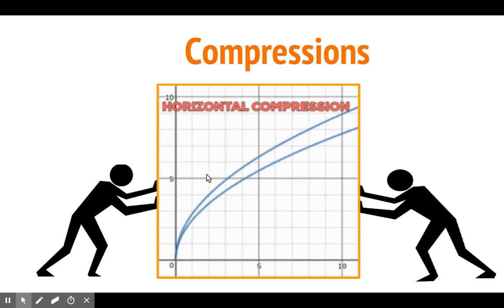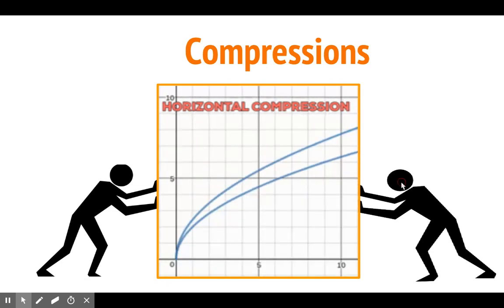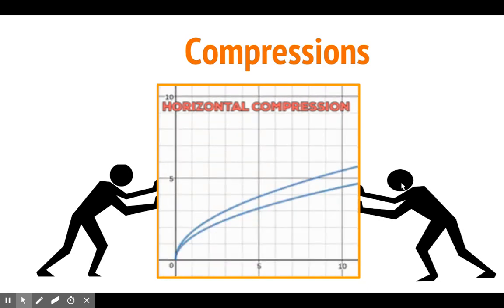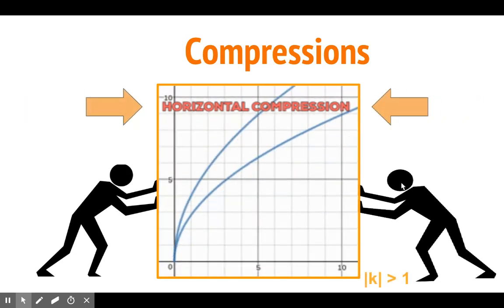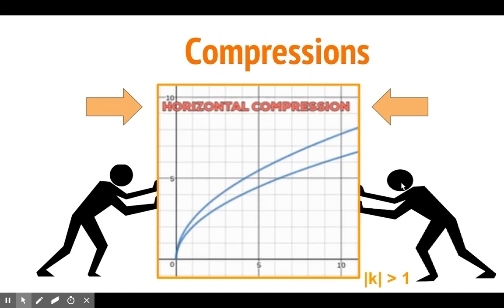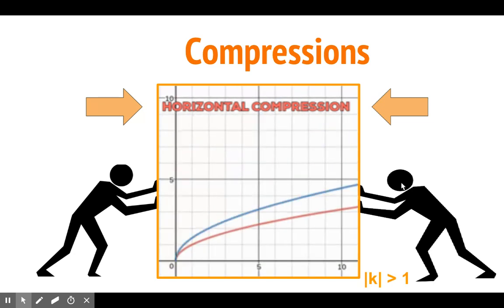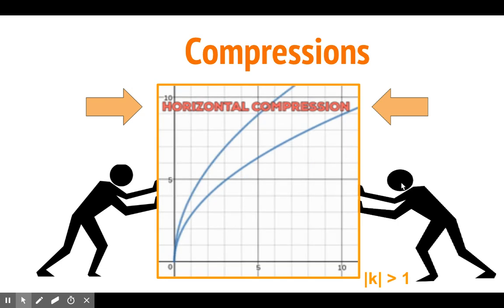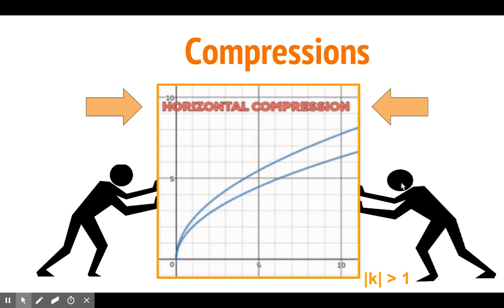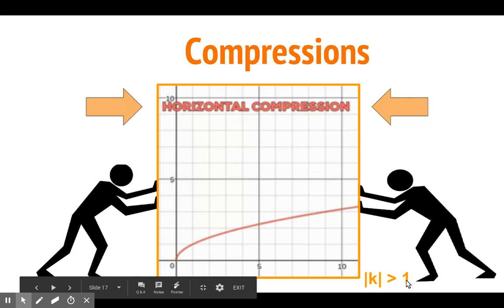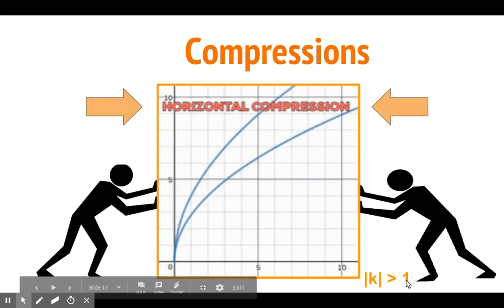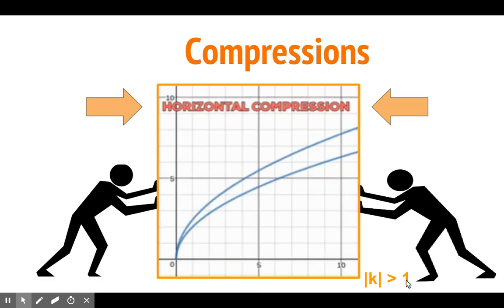So that's a horizontal compression. And it happens when K has a value bigger than 1. So again, our horizontal compression for this particular function kind of looks like a vertical stretch. Just exactly the opposite. Horizontal compression has a value bigger than 1, and remember, our vertical stretches have a value bigger than 1.